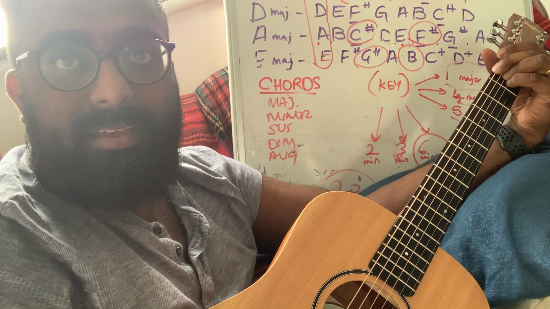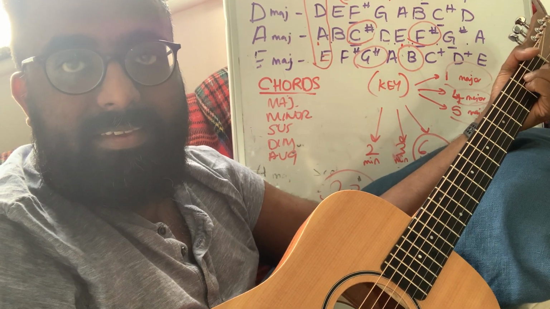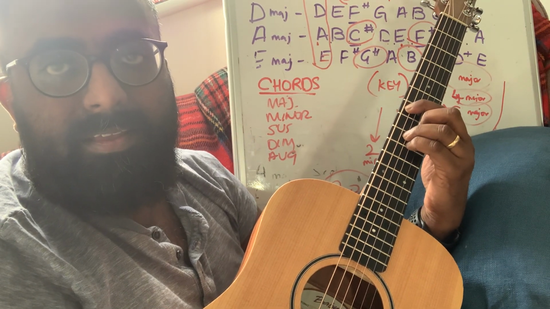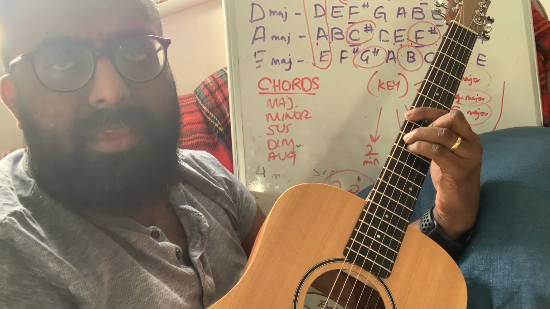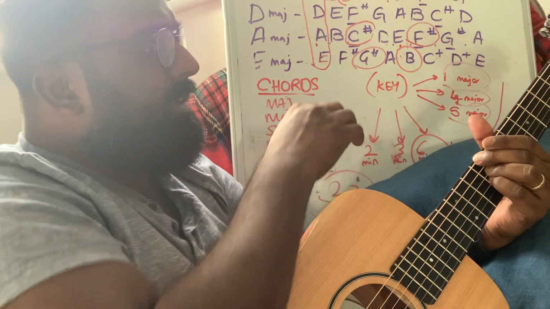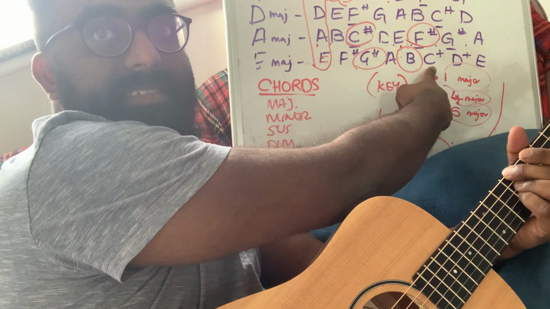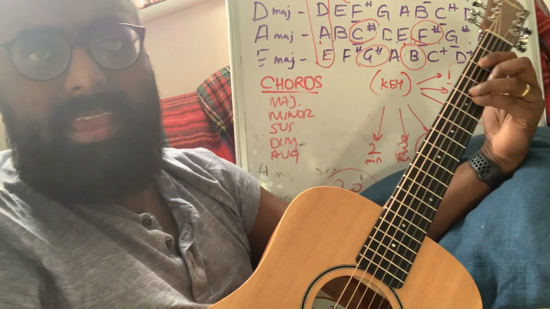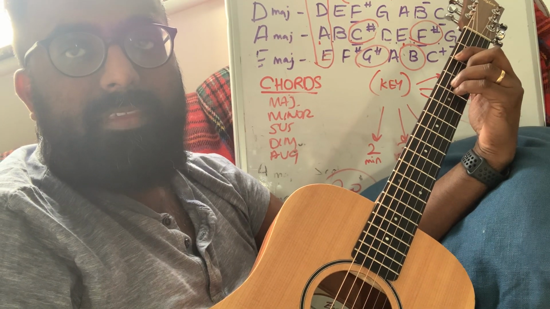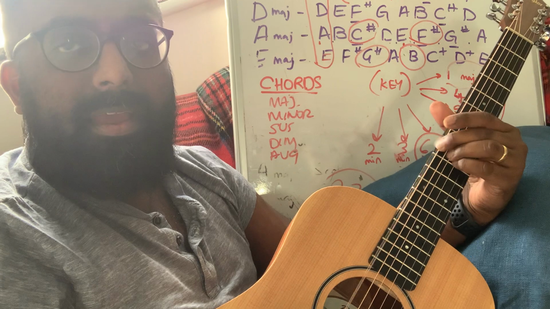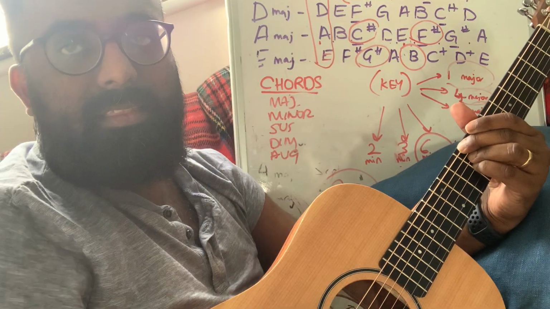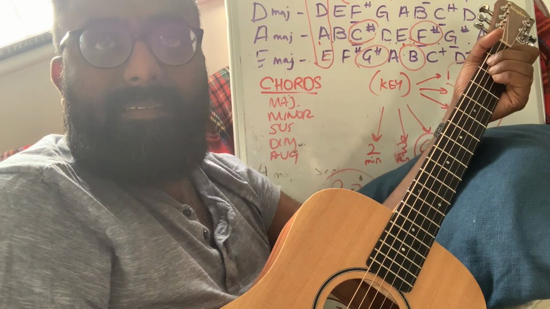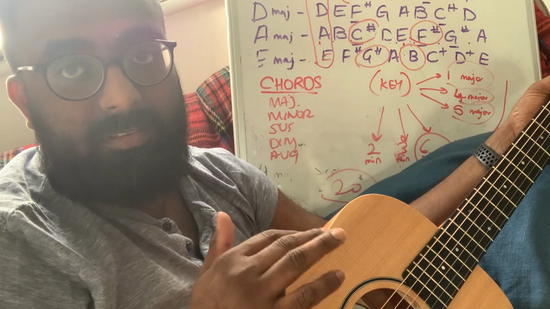F sharp minor, A major, A major, E major, B major, B major, C sharp minor, C sharp minor, 6 minor, okay, 6 minor, C sharp minor, A, B major, B major, B major, C sharp minor, E. And those are all the chords in the original song as well.